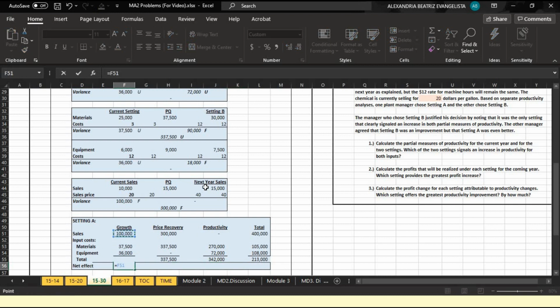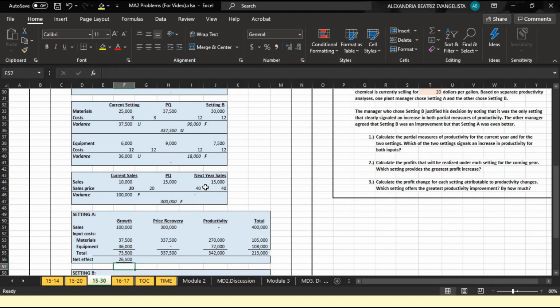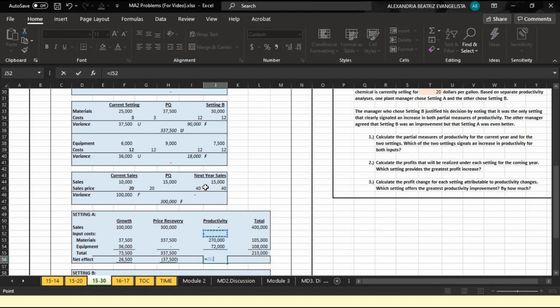And then the net effect under growth, that is 26,500. Under price recovery, that is negative 37,500. And for productivity, that is, oops, wait, this is wrong.